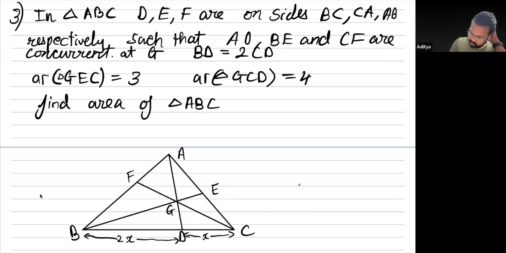Okay, this is the ratio of the side length BD is to CD, x and 2x. Area of GEC, this triangle here, its area is 3 and the area of GCD is 4. Find the area of the entire triangle ABC.